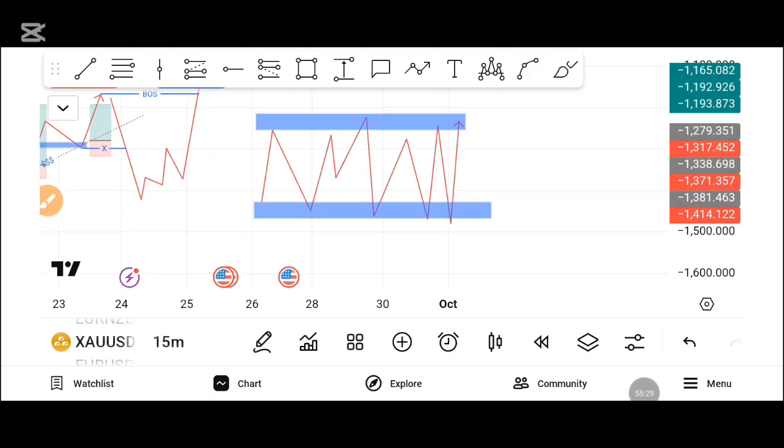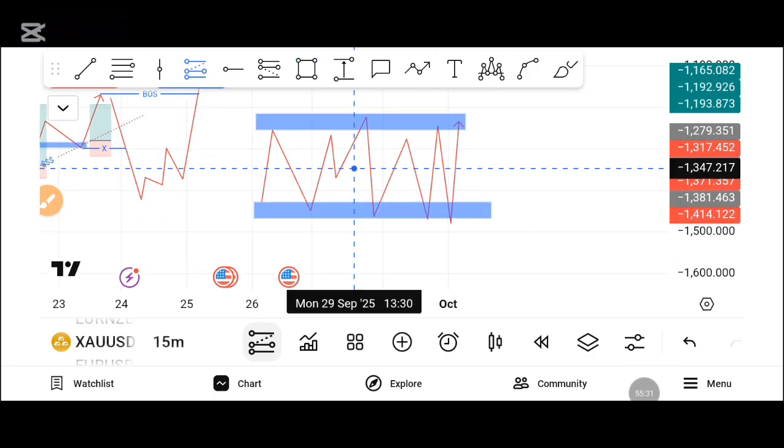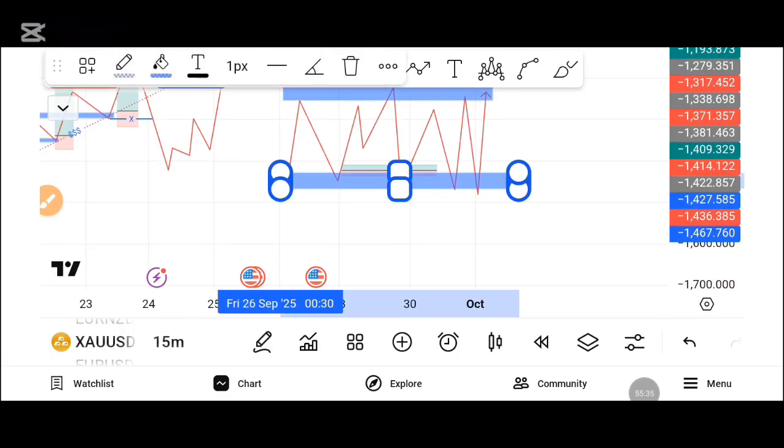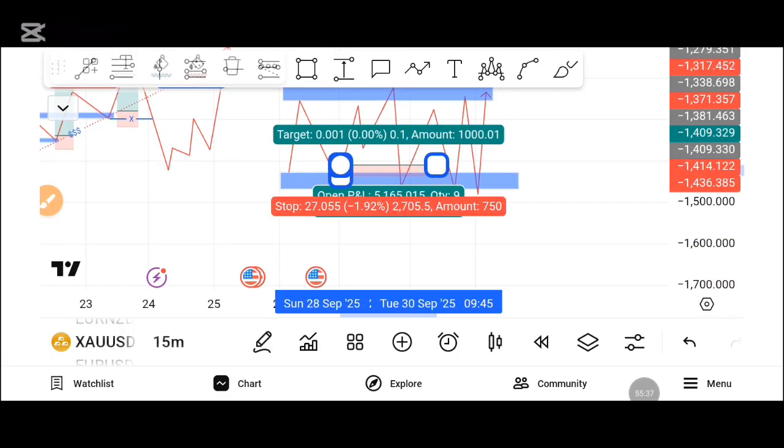So in this pattern, you can see people will be buying from this zone here. People will be entering trades.